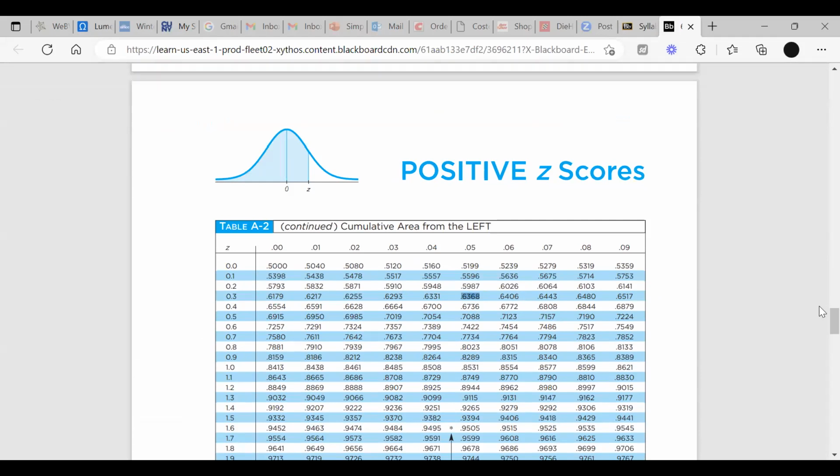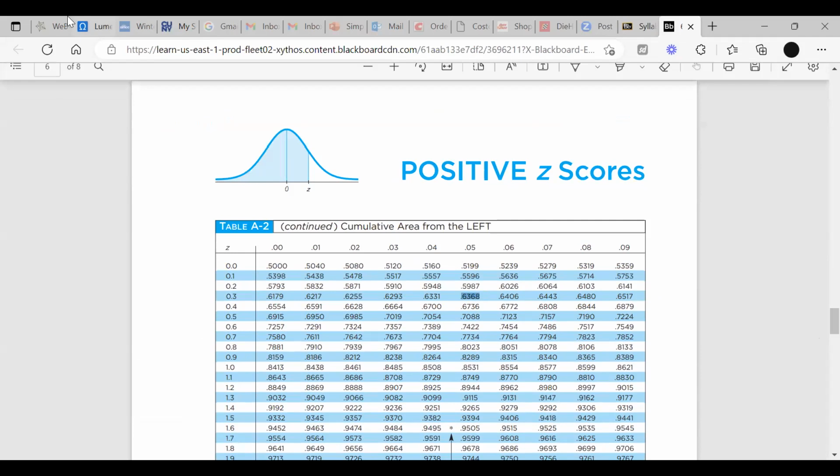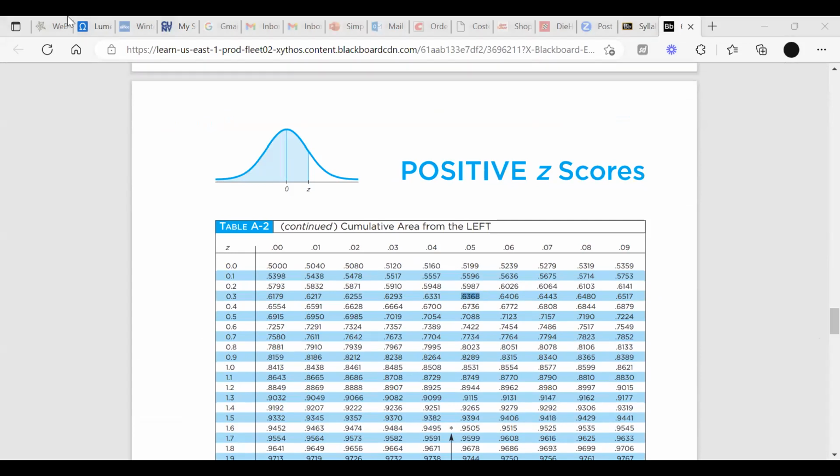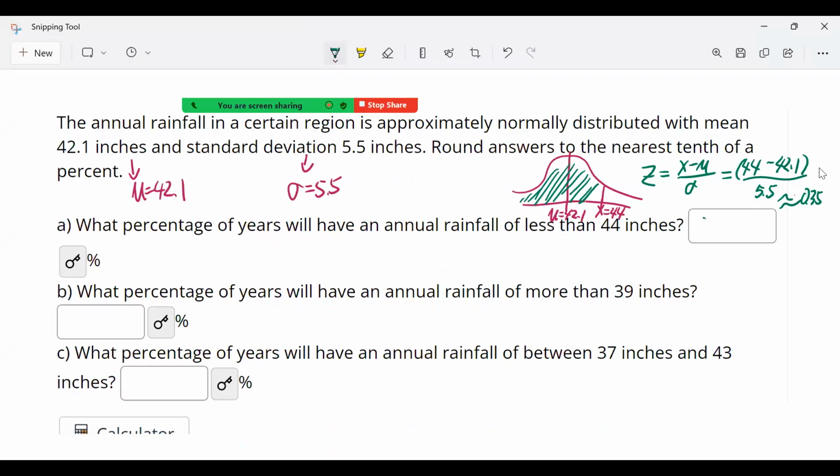That's the area to the left, which is what we're looking for: 0.6368. That's the first part.